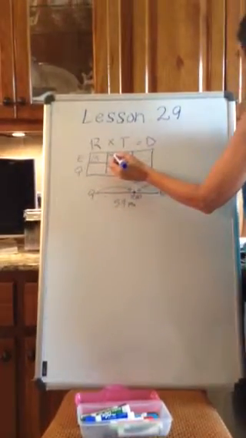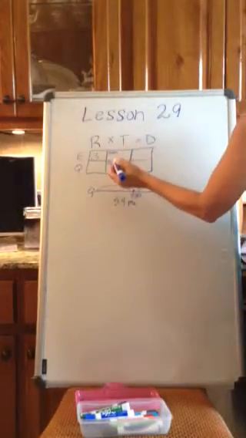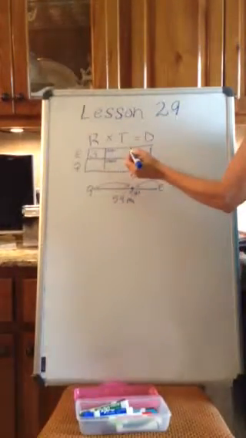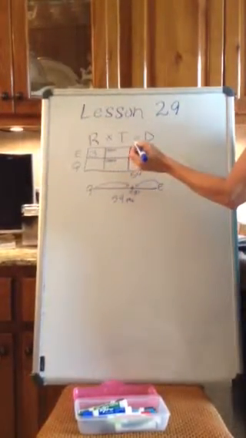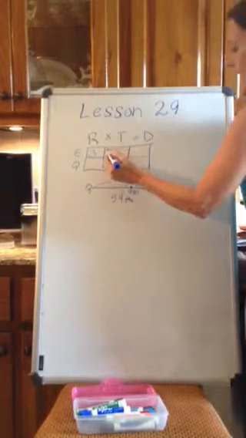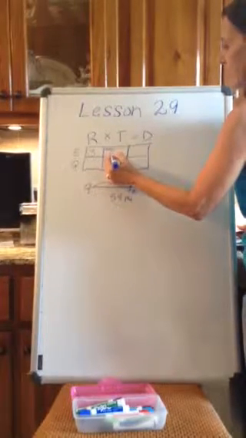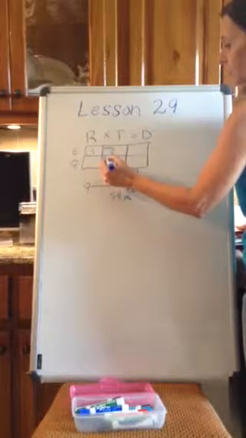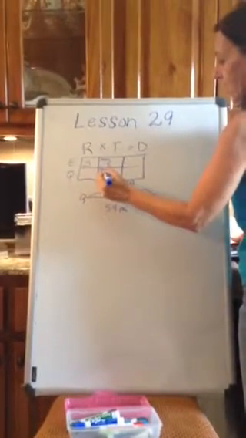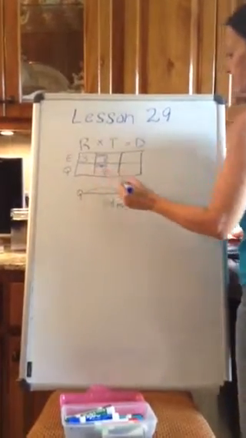So at 4 p.m., we know that Edward had been traveling from 8 a.m. to 4, which is 8 hours. The Queen had been traveling from 10 to 4, and so that was 6 hours.